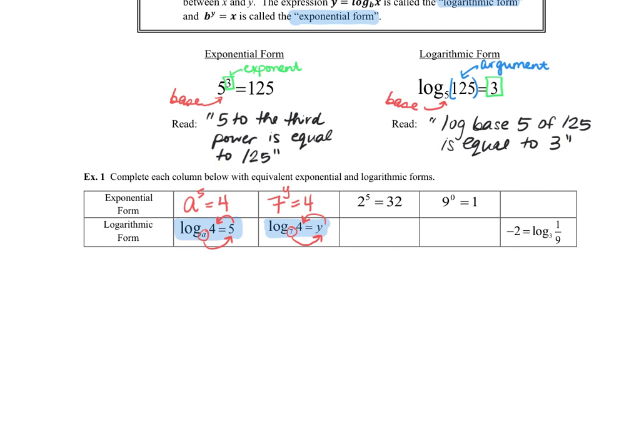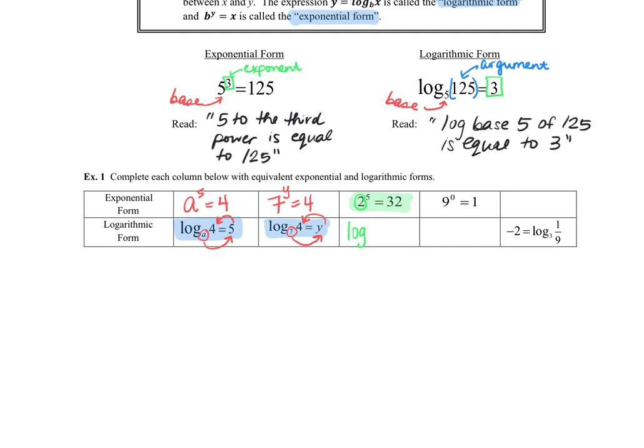Look at our next example. Now this time, I've given you the exponential form, which is 2 to the 5th power is equal to 32. But I would still begin the same way. I would begin by identifying the base. So now the base of this exponential form is 2. So when you write this in log form, that means the base of your logarithm will be 2. Now remember, we don't write the entire word logarithm, we just abbreviate it, log.